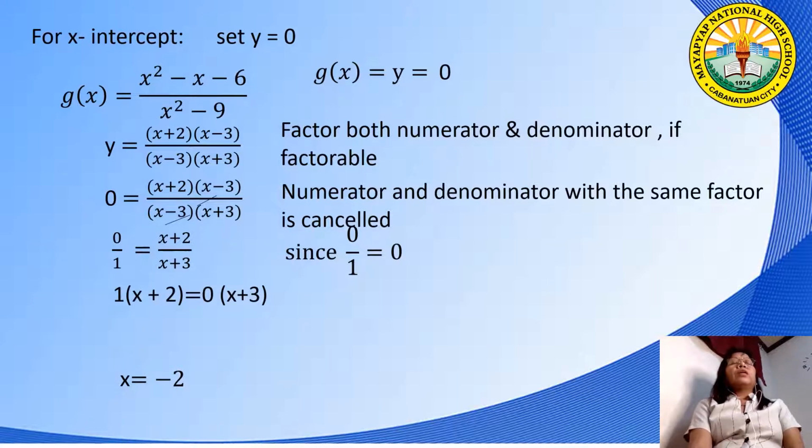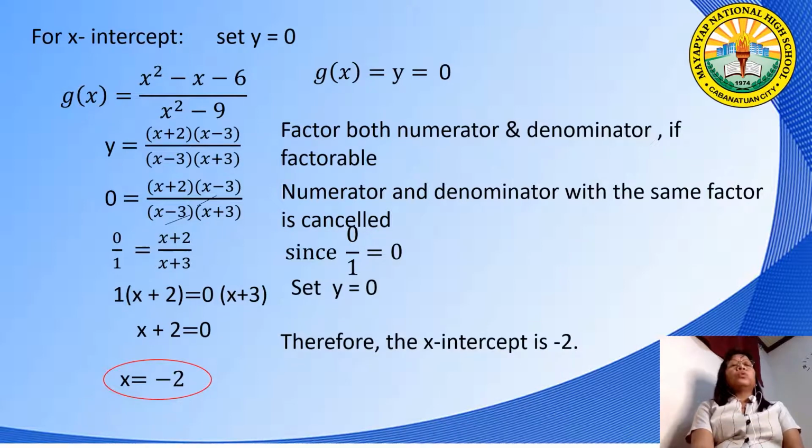Then, by the cross multiplication process, you multiply 1 times quantity x plus 2 equals 0 times quantity x plus 3, and then x plus 2 equals 0. Then solve for x, which becomes negative 2. So therefore, the x-intercept is negative 2.